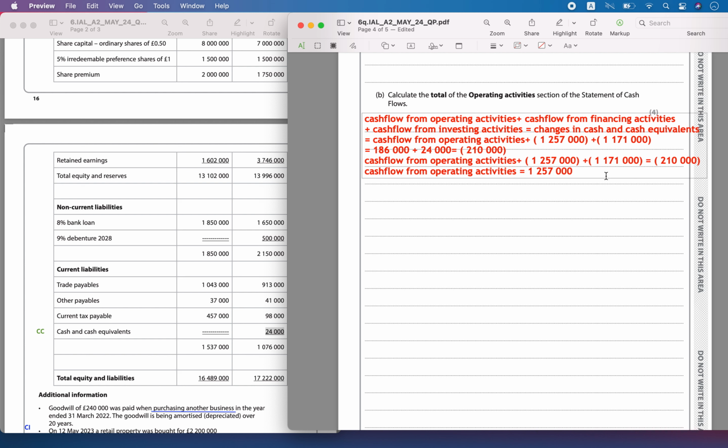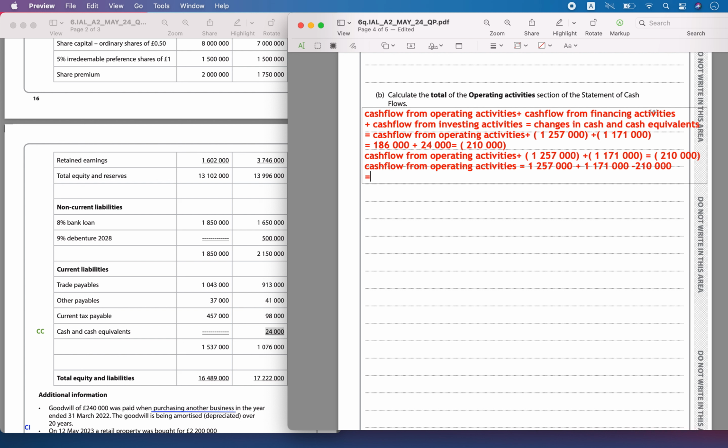When it goes to the other side it becomes positive, so plus 1,171,000, minus 210,000, so that is equal to 218,000.